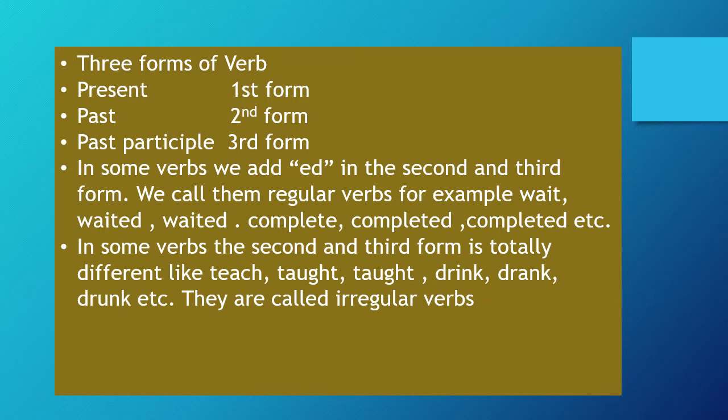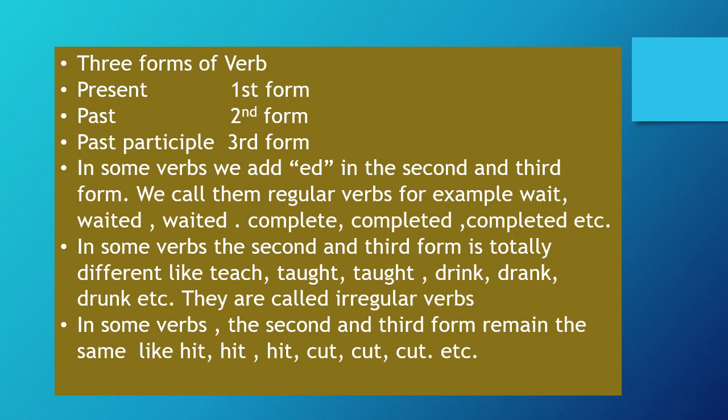Whereas in some verbs, the second and third form is totally different, like teach, taught, taught. Another example is drink, drank, drunk, and so on. And they are called irregular verbs. Let's see the next one.